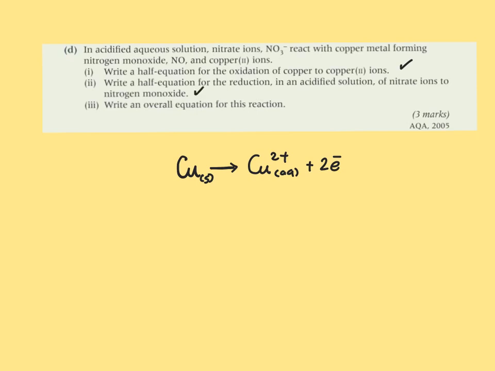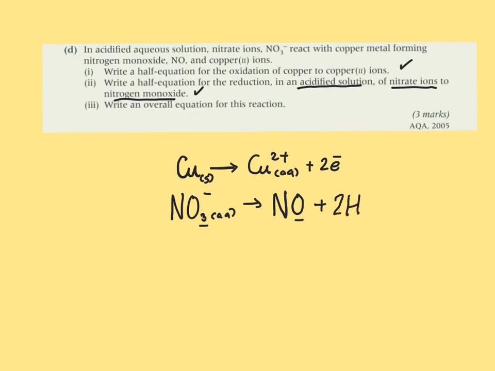Now write a half equation in an acidified solution for nitrate ions forming nitrogen monoxide. So we know that nitrate(V) ions, NO3-, are forming nitrogen monoxide, and they've told us that is NO. Now let's balance this half equation. Here we've got 3 oxygen atoms, here we've only got 1. So therefore we need to add 2 moles of water to this side.